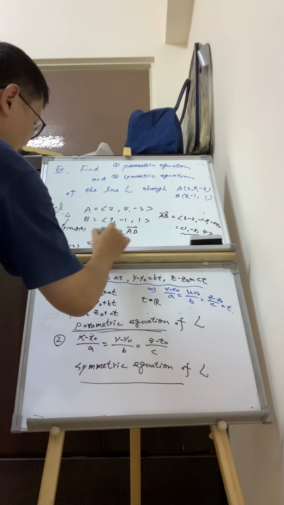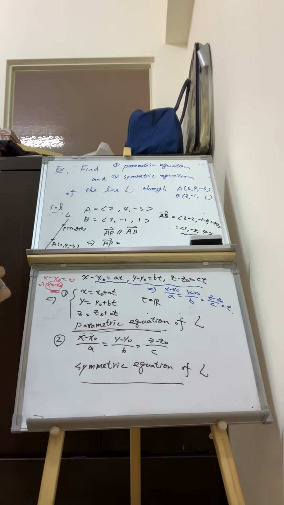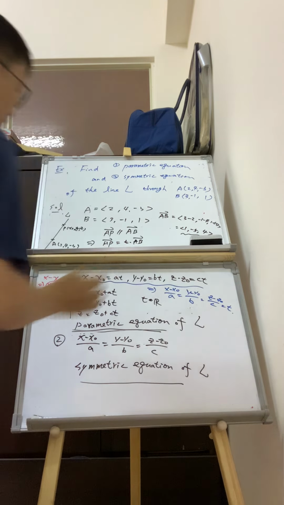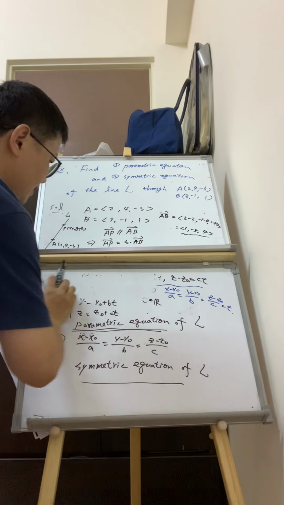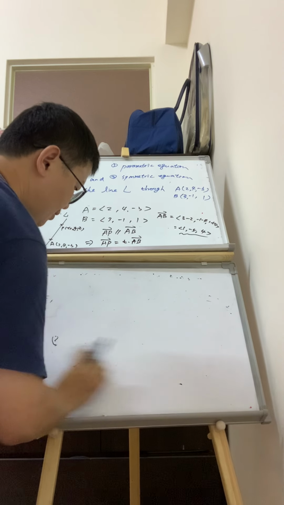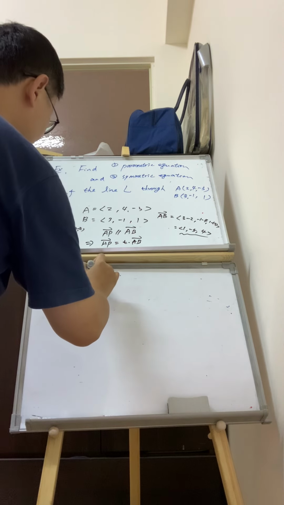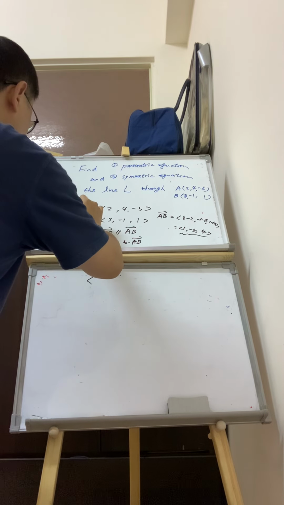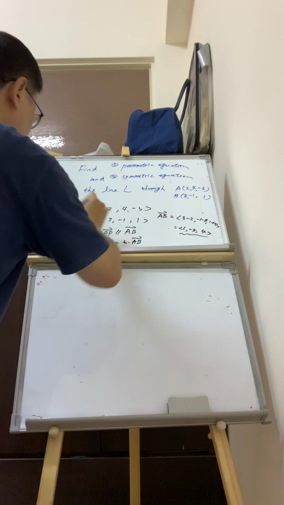So AP is equal to t times AB. Here B is (3, negative 1, 1).